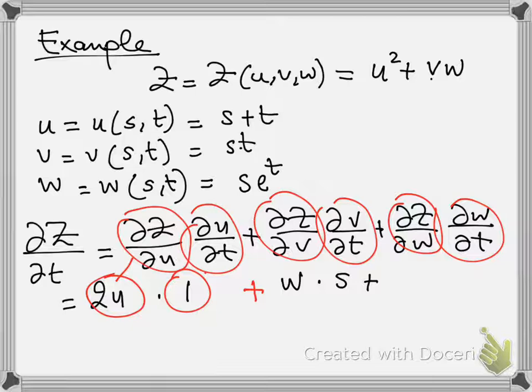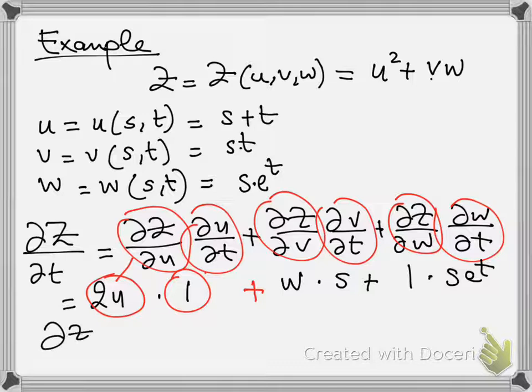So it's 1 here times partial w, partial t. So here s times exponential of t, that's a product rule, s is a constant, derivative of a constant is 0, so that's 0 times e to the t plus s times derivative of e to the t, which is e to the t, so that's s times e to the t.